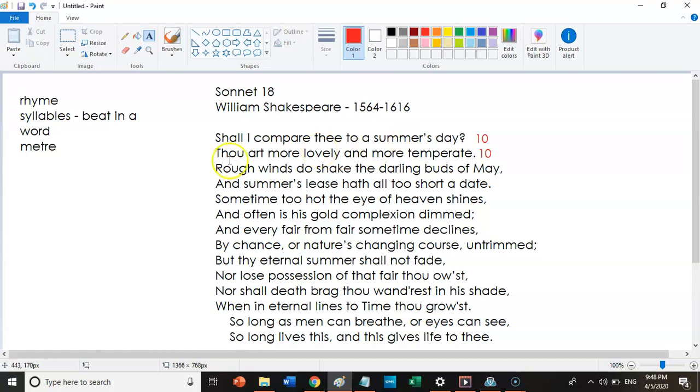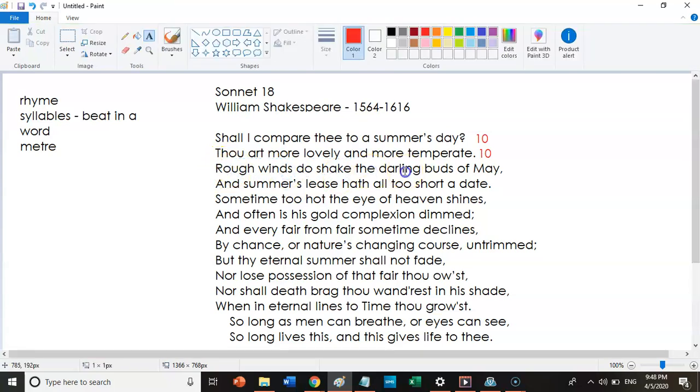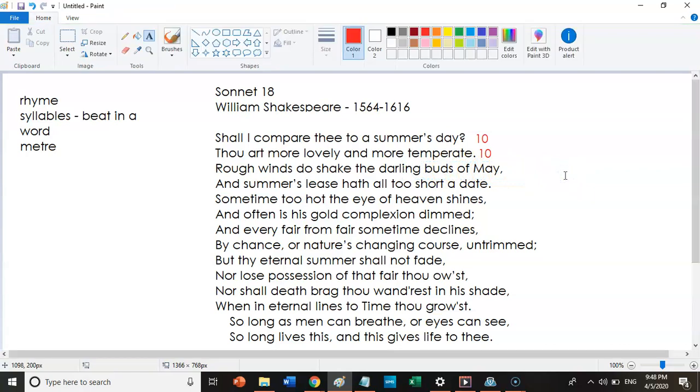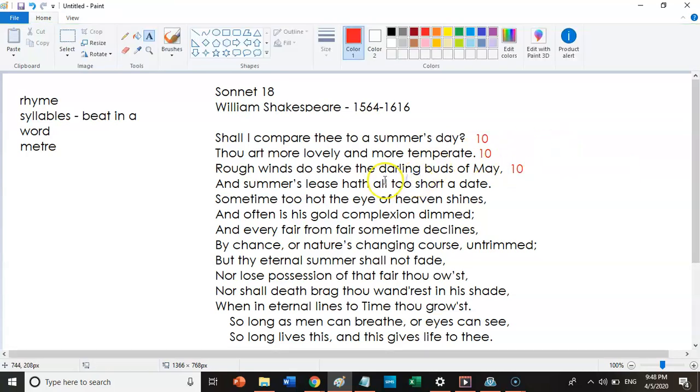Temperate, 3 syllables. Rough winds do shake the darling buds of May. Stop and think how many syllables are in that line. That's right, it's 10 again. Hopefully you're getting it now. The only word there that has more than 1 syllable is darling.